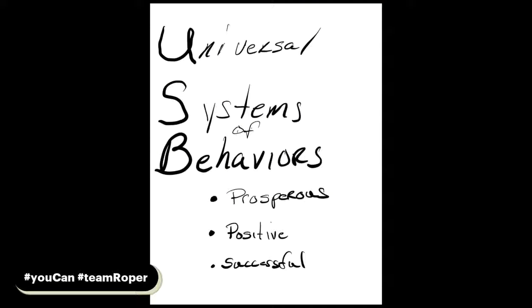We're talking about USB ports, but I changed the words around: it's a universal system of behaviors. What are your universal systems of behaviors? Don't miss it. These are the things we always find ourselves doing. The only way to change the results we're getting is to look at our behaviors, the things we are running in our mind.